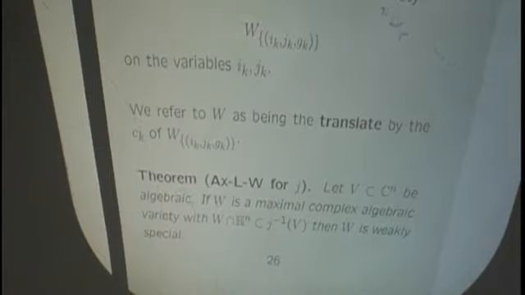So the weakly special things come in these families, and inside those families, the special subvarieties are the ones corresponding to translations by special points. So these are like cosets, torsion cosets. And then the equivalent Ax-Lindemann-Weierstrass theorem is that if you take V, a subvariety of C to the n, you take its inverse image under the J function, a maximal complex algebraic variety in there is weakly special. That's what we need.